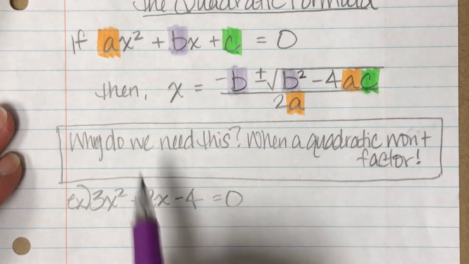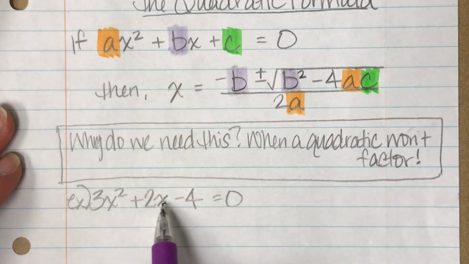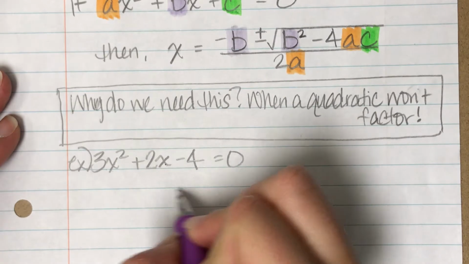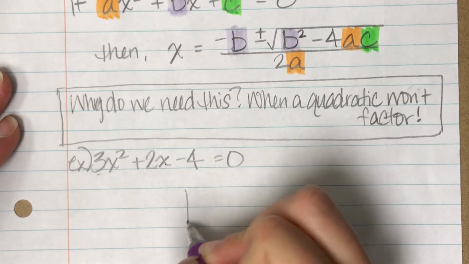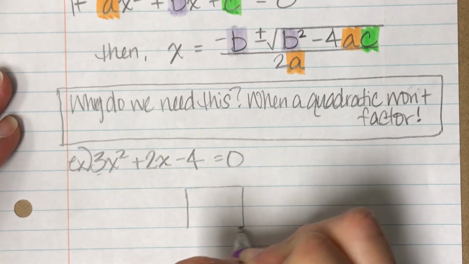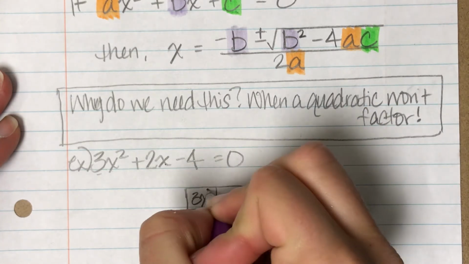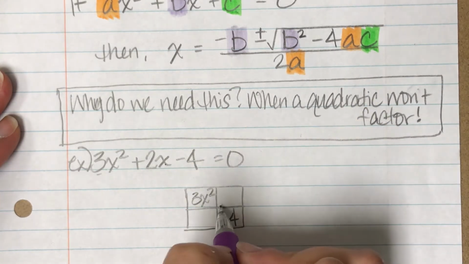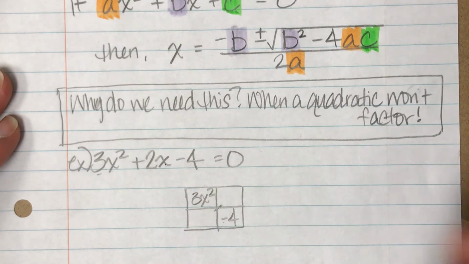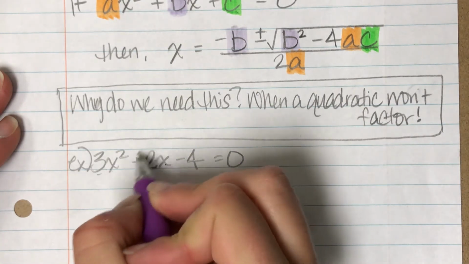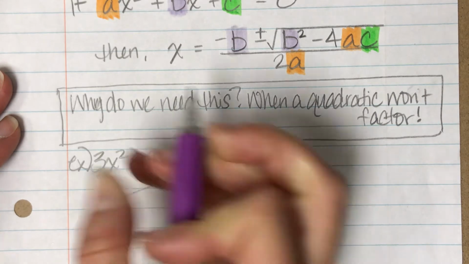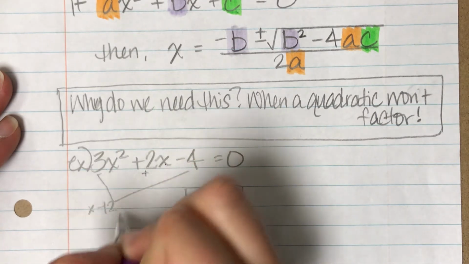Normally, we would say, okay, I can't use inverses because I have an x squared and an x, so I would think about factoring. This is a complicated trinomial, so I would set up my little box on the side. And I would say, okay, 3x squared and negative 4. And these two missing pieces would have to add together to make positive 2 and multiply together to make negative 12.